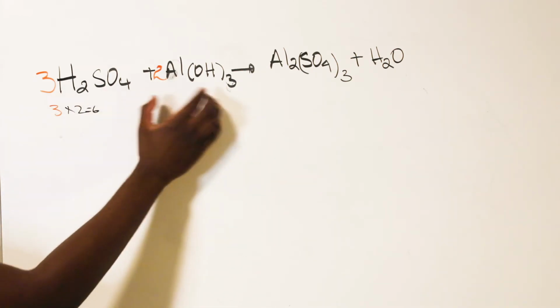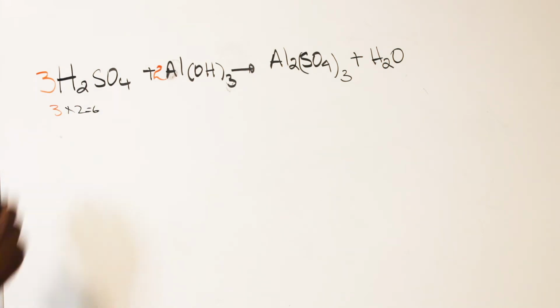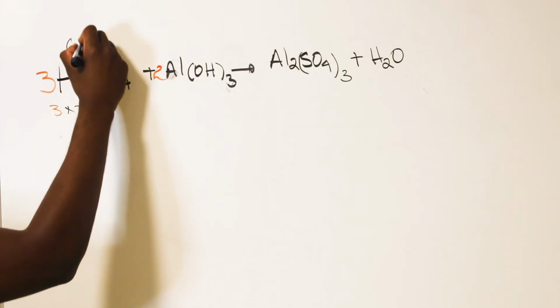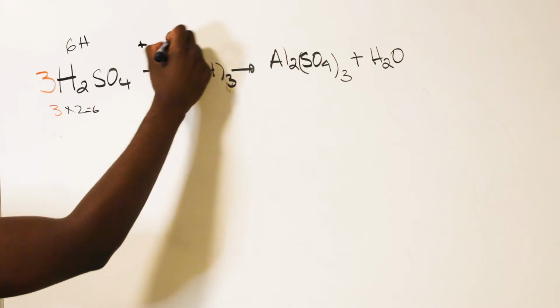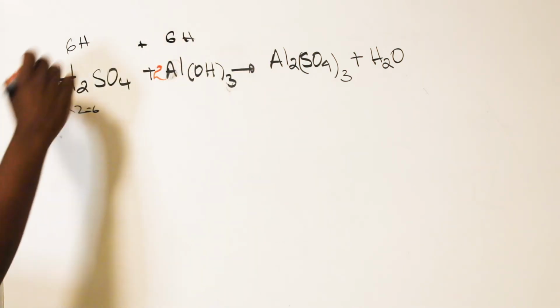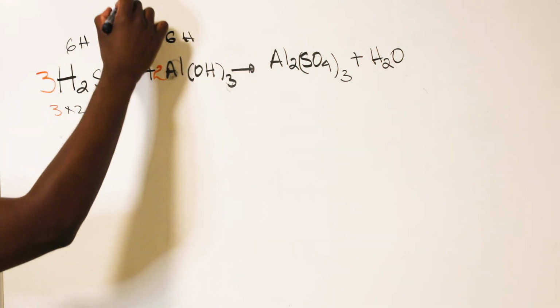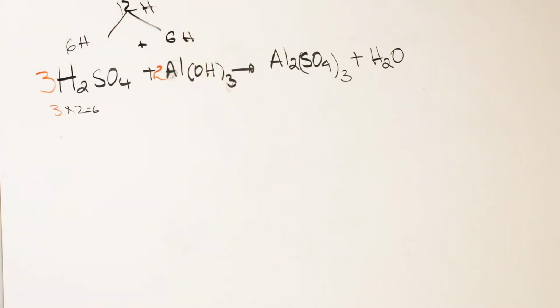So 6 plus 6 gives me 12. So I have 6 H plus 6 H, which gives me 12 hydrogens. And I have 2 hydrogen on this side.